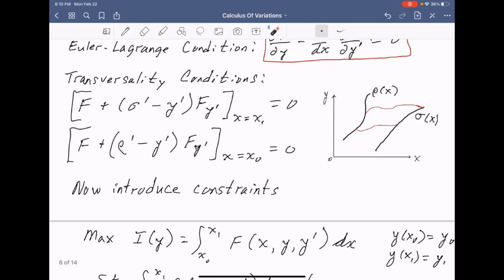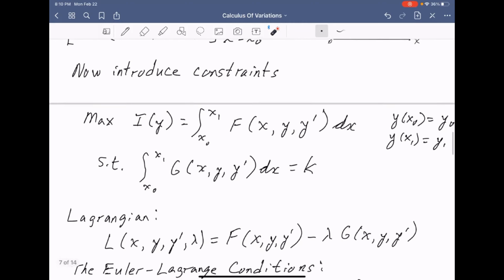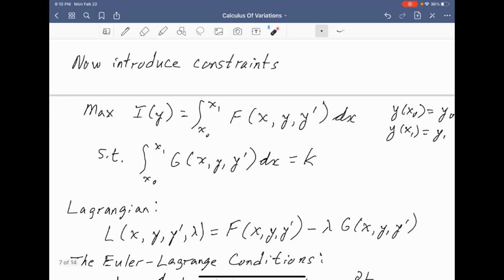Now, so far we haven't looked at constraints. So now what we want to do is introduce constraints. So we want to determine the function that maximizes this integral, where f is a function of x, y, and y prime.